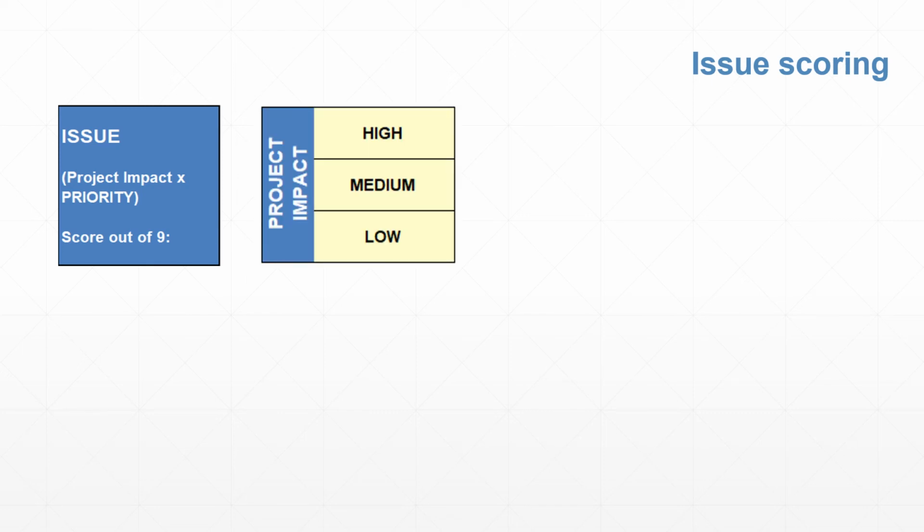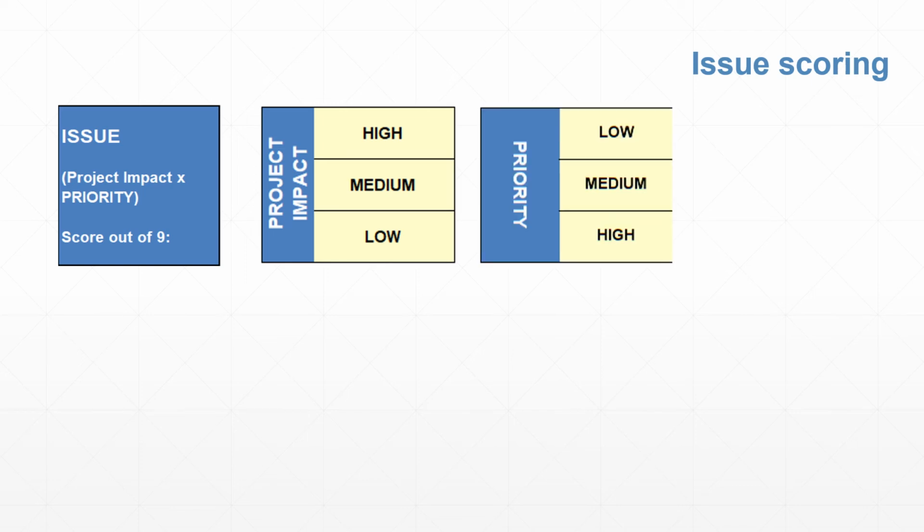Right, so let's look at another example of issue scoring. The formula is project impact multiplied by priority, and we are supposed to get a score out of 9. The project impact goes from low to high, and it's the same with the project priority.